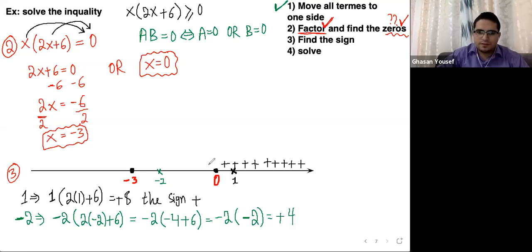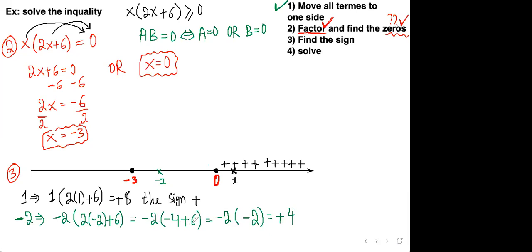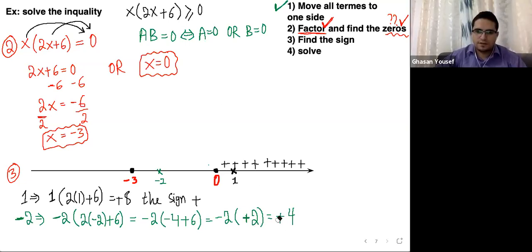So the answer is +4. Hold on, I get -2 times -4 here, plus 6 is 2. Here positive. Yeah. Here is positive. This is negative. This is correct. So this is here negative.